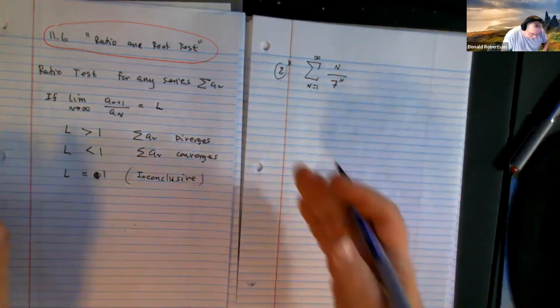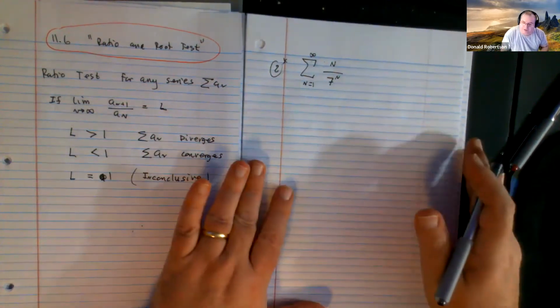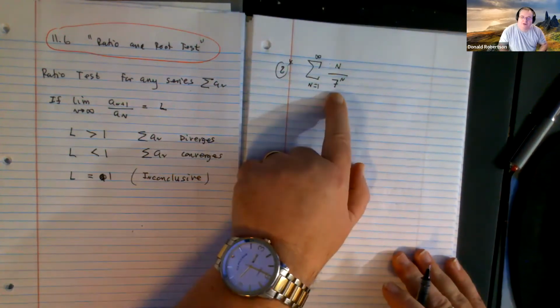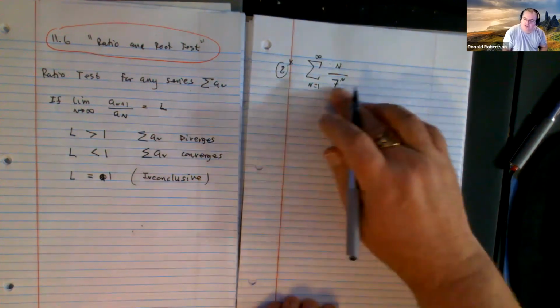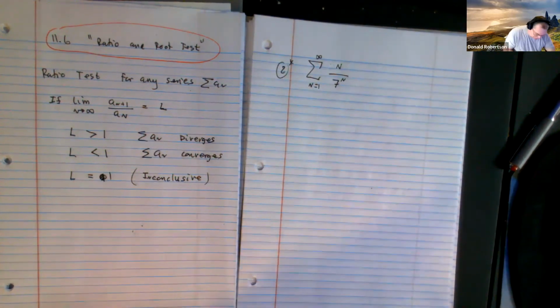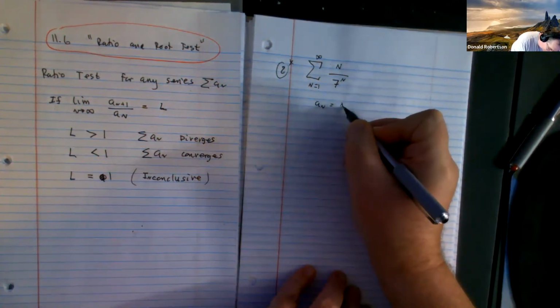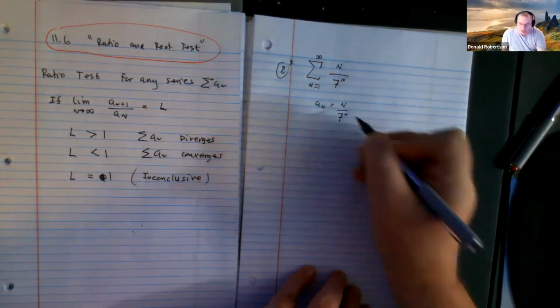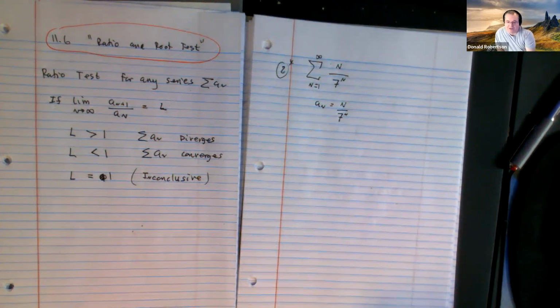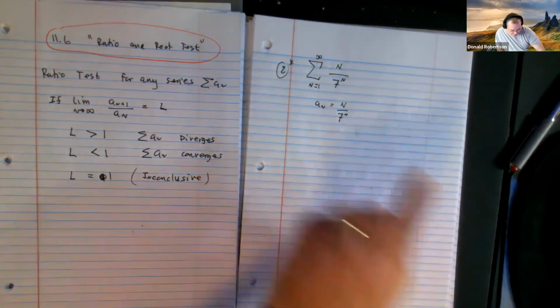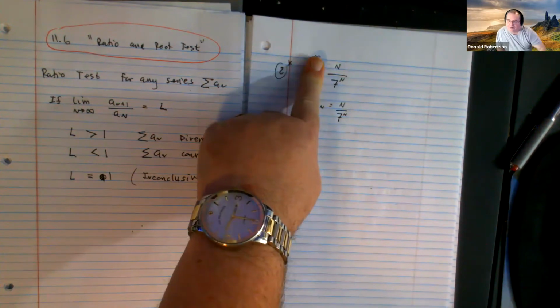Now I'm going to write down a lot more work than you do, but I want to use this as a template. So if you see how this one works, you get an idea of how all of them work. The first thing I would do is write down who a_n is. Would you agree that's pretty obvious? You just cover that up and you're looking at a_n.